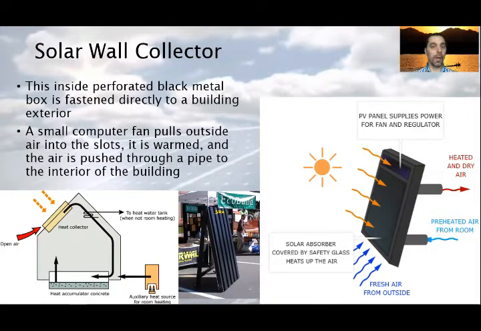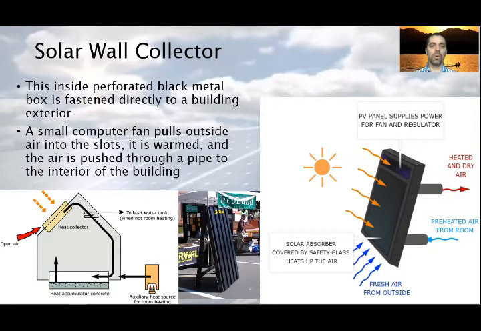It is warmed up, and the air is pushed through a pipe to the interior of the building. There is a small computer inside with sensors measuring indoor and collector temperatures. The small fan operates only when the air temperature in the collector is higher than the indoor temperature.